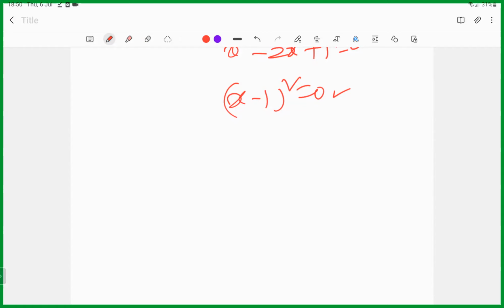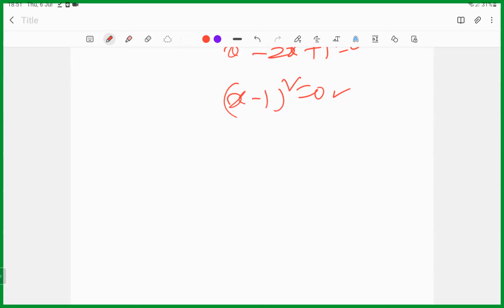The second one, the roots of the quadratic equation, how will you find it out? What's the b square minus 4ac value? Which is greater than 0, so real and distinct. So what is the third one? Discriminant of the quadratic equation, b square minus 4ac, right?